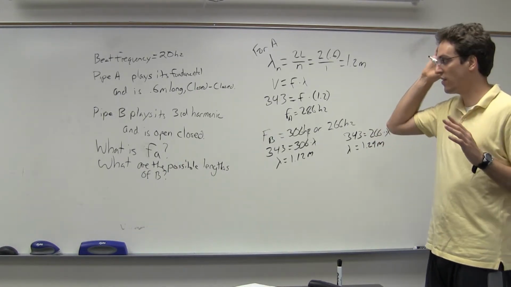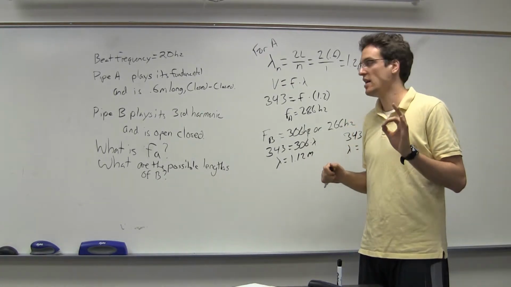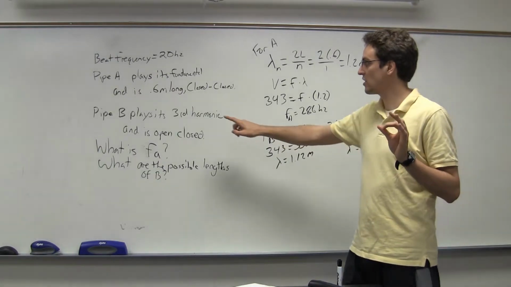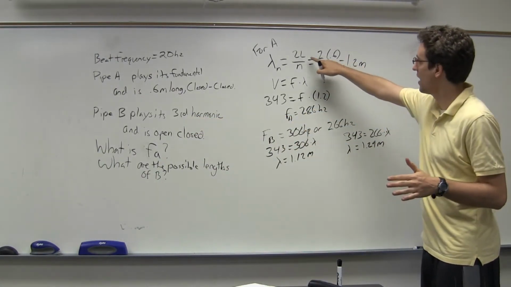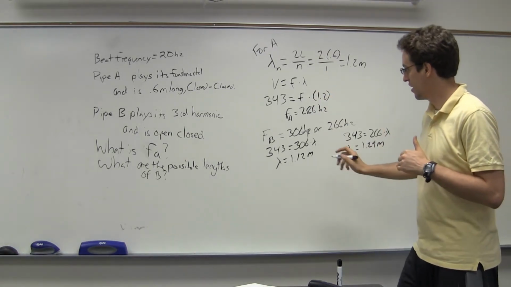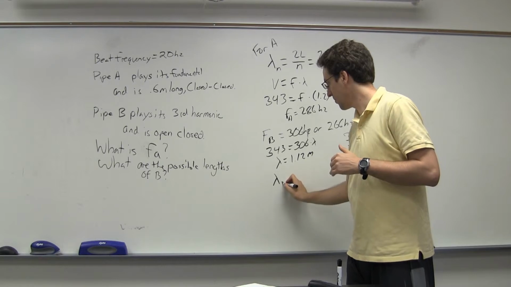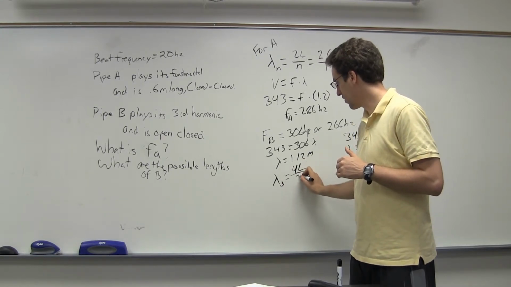Now I can find my lengths, but the only way to do that is to look at the fact that it's the third harmonic and it's open-closed. So instead of using 2L over n, I'm going to use 4L over 3. Lambda of the third harmonic is equal to 4L over 3.